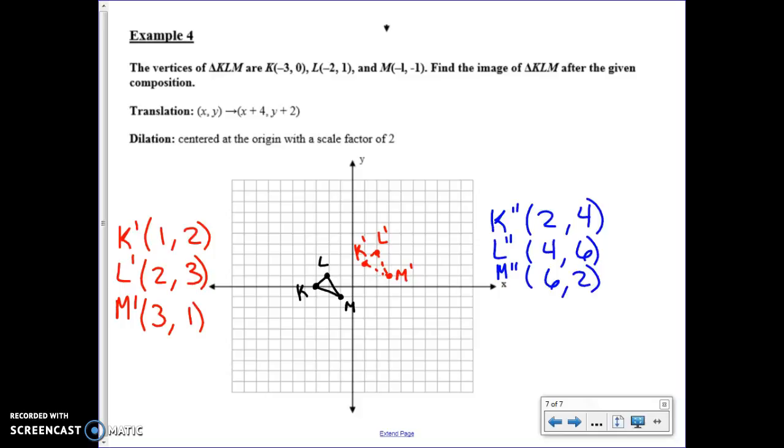So now I'm over 2 up 4. That's K double prime. Over 4 up 6, that's L double prime. And then over 6 up 2 is M double prime. So the figure enlarged is no longer an isometry.